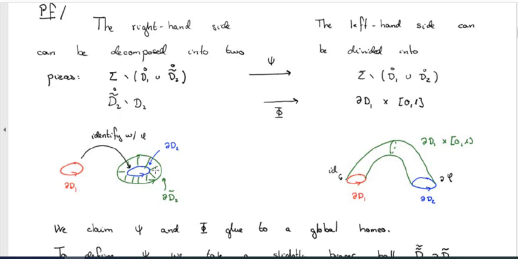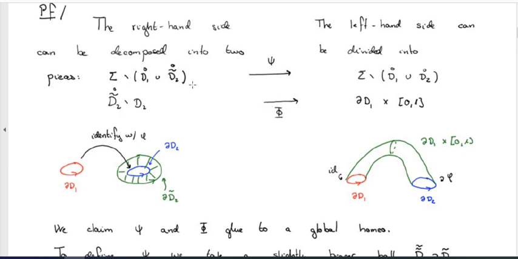So to play its role, we basically take a slightly bigger disk surrounding d2, and the annulus between d2 tilde, the bigger disk, and d2, the smaller disk, is isomorphic to the cylinder. So we'll try to identify them by this map that I call here big phi.